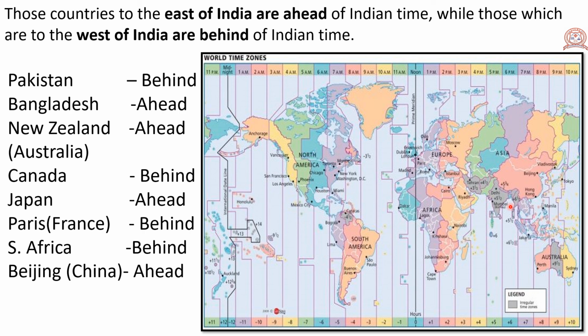New Zealand. It is located near Australia, which is located in the east of India, so the time in New Zealand is ahead of Indian time. Canada. Canada is located in North America.